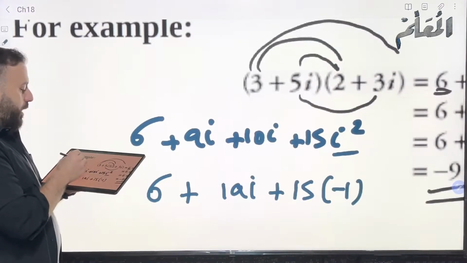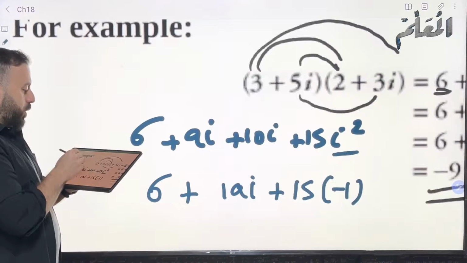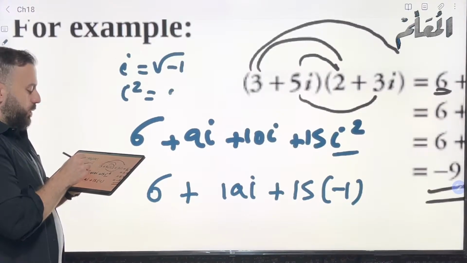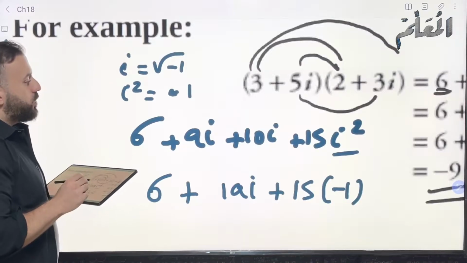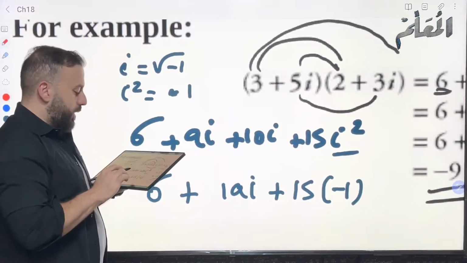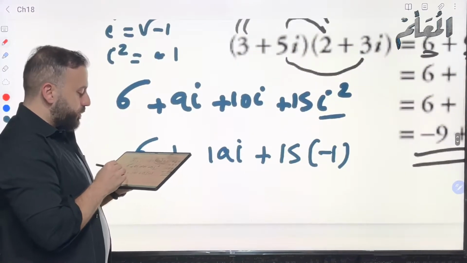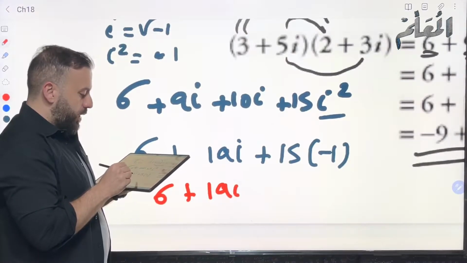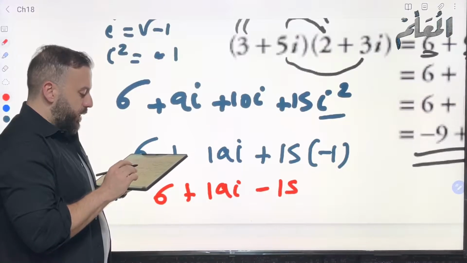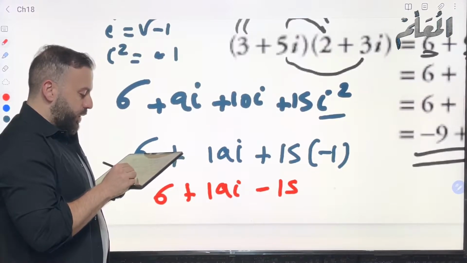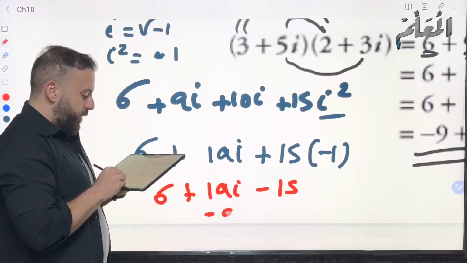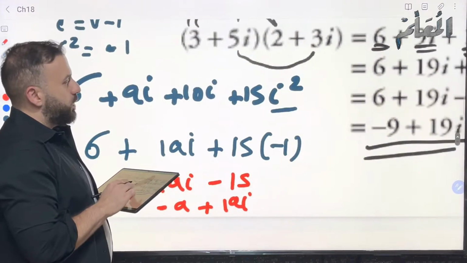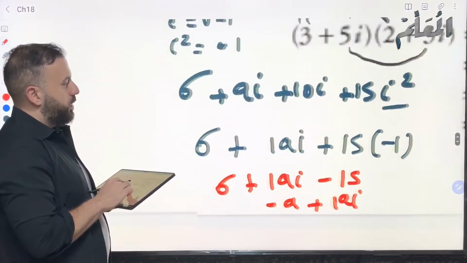Because i is equal to the radical of negative 1, so i squared is equal to negative 1. So the final answer is 6 plus 19i minus 15, and that is equal to negative 9 plus 19i. So negative 9 plus 19i.